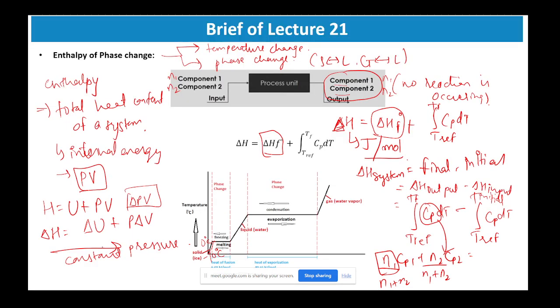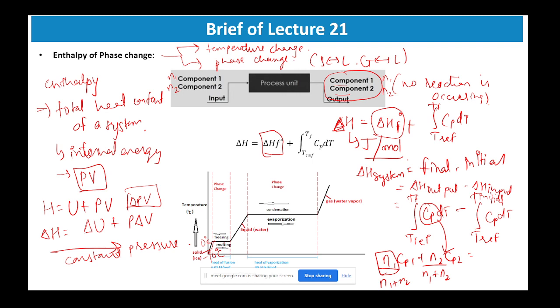So it will go from minus 10 degrees Celsius to 0 degrees Celsius. Here it is just the temperature change, by absorption of heat.